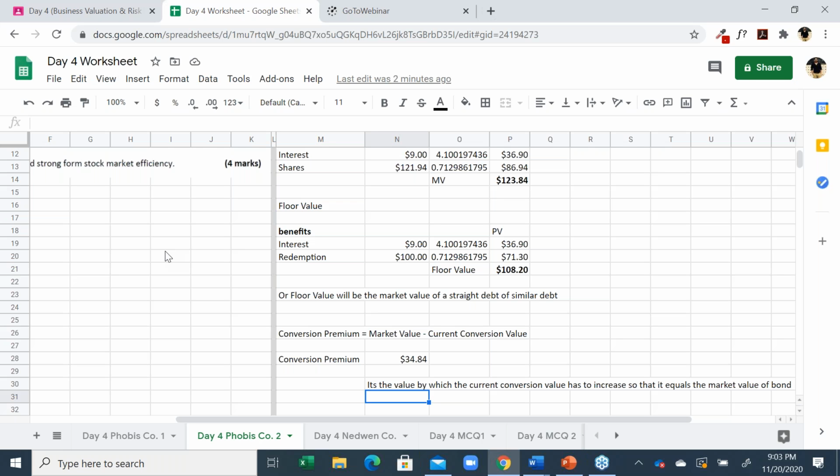Okay, let me explain in very simple words, right? Let's say you saw an advertisement of somebody selling his car, and on the advertisement it said the condition is excellent, right?